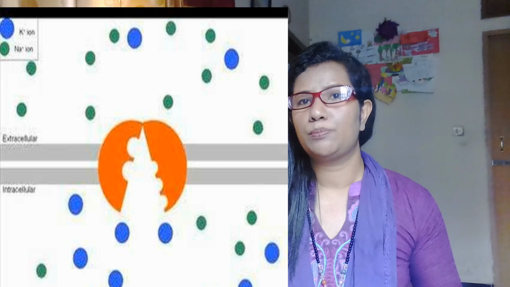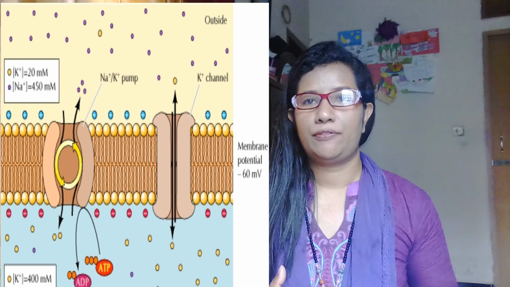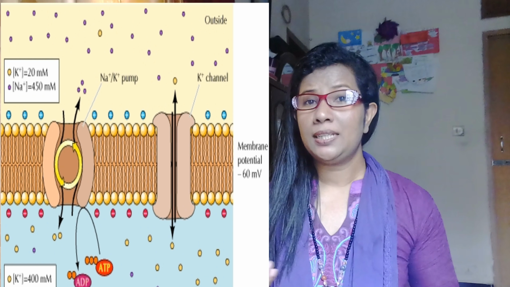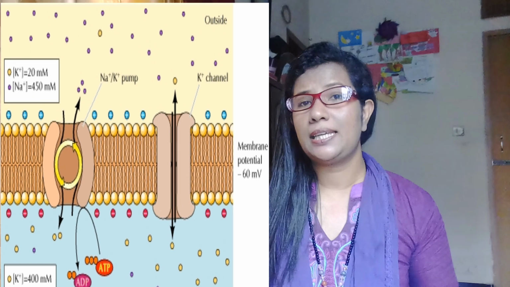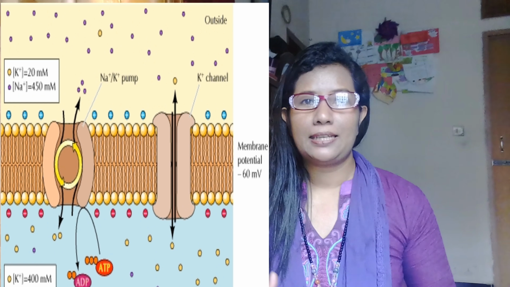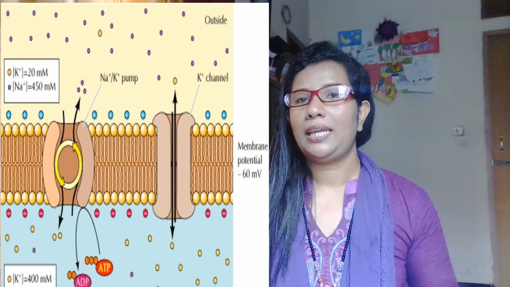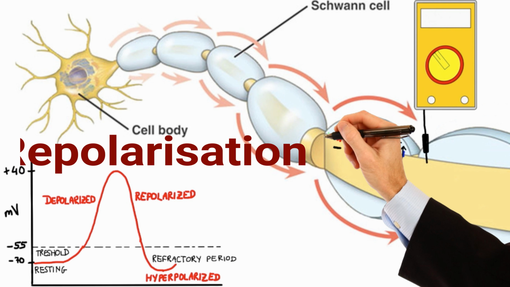The outward movement of potassium removes positive charge from inside the axon to the outside, returning the potential difference to normal, and this is called repolarization.